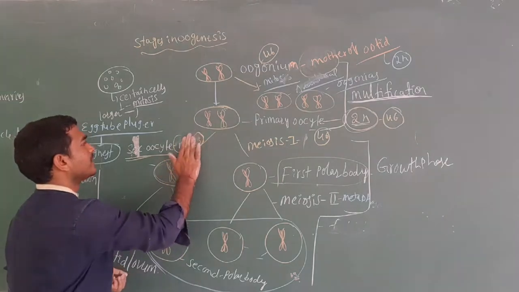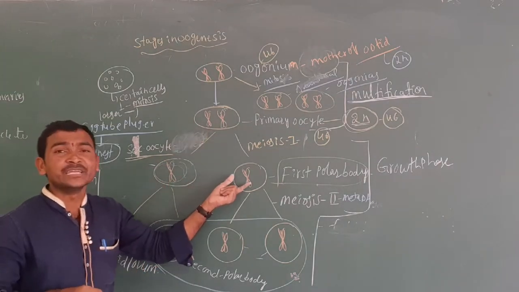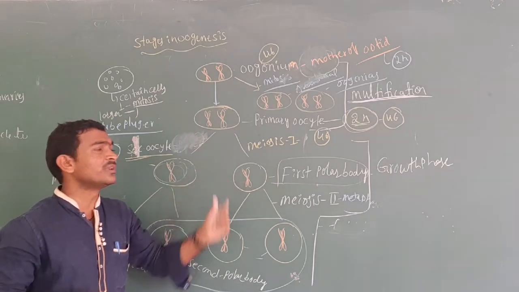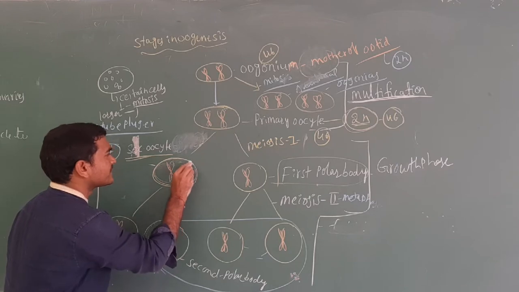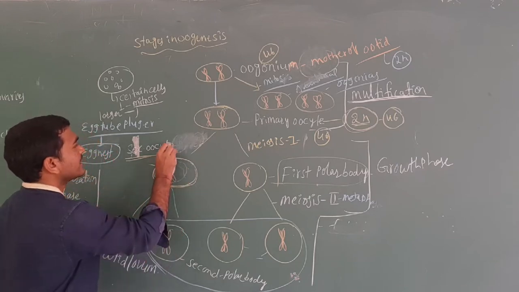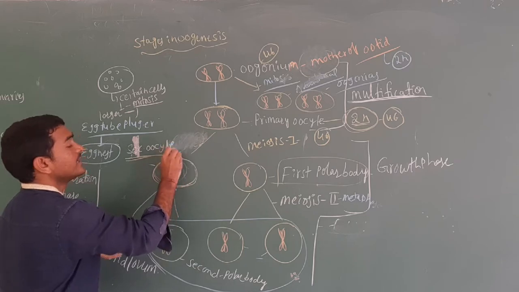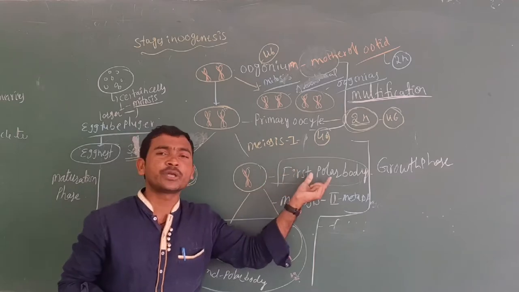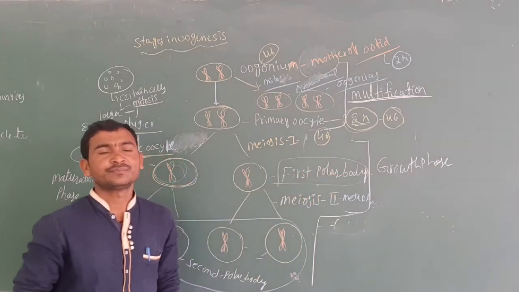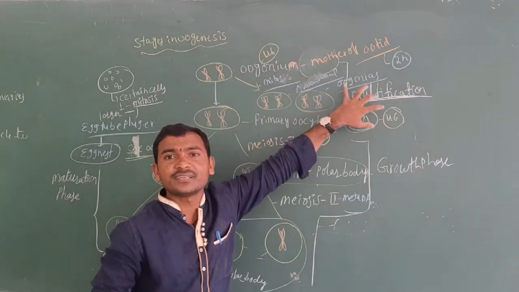After meiosis 1, it forms two unequal cells. The one with the high amount of cytoplasm is called the secondary oocyte. The one with the low amount of cytoplasm is called the first polar body. From the oogonium to the primary oocyte is called the multiplication phase.